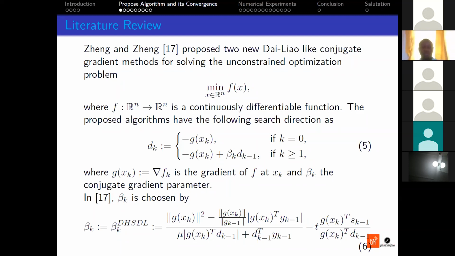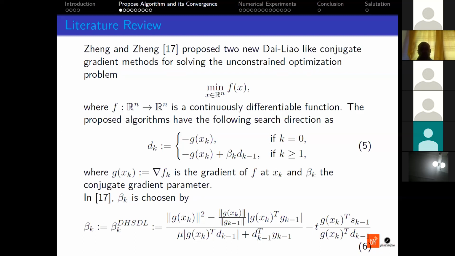Now, the proposed algorithm by Zeng and Zeng has the search direction given by 5. So they define dk when k is 0 as minus g of xk, and when k is greater or equal to 1, they define it as minus g of xk plus beta k dk minus 1, where g of xk is nothing but the gradient of small f at xk, and beta k is the conjugate gradient parameter.